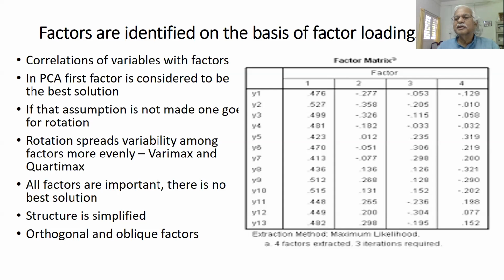And this is done by rotating the axis. There are so many techniques of rotating the factors, Varimax, Quartimax. If you really apply factor analysis in your research, you have to go deeper into what these techniques are.